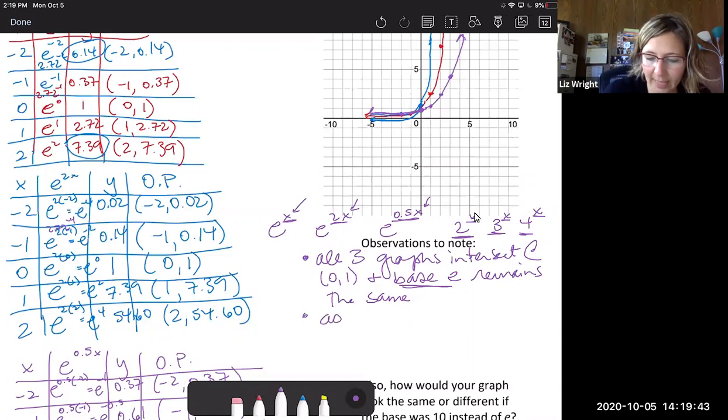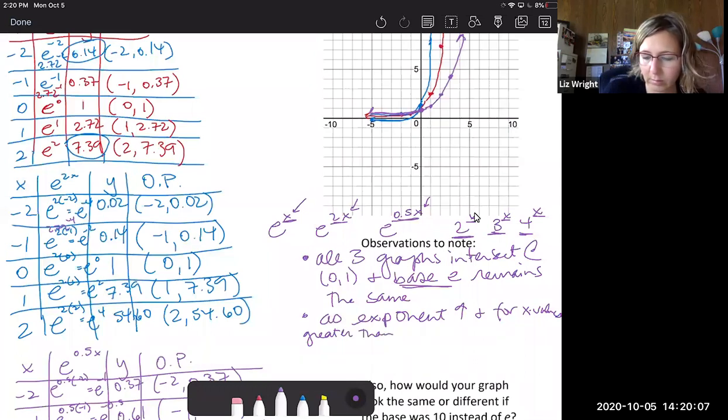So this time we're going to talk about how things change as the exponent changes versus when the base changes, because the base didn't change. So as the exponent increases, and for x values greater than 0, the curve gets steeper and closer to the y-axis.